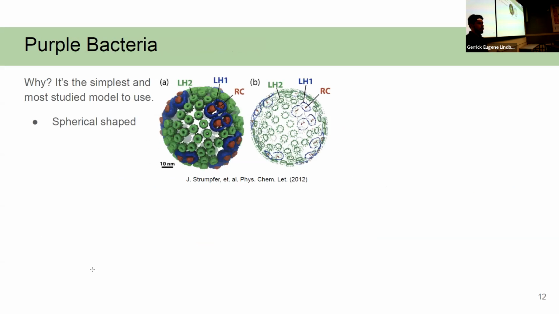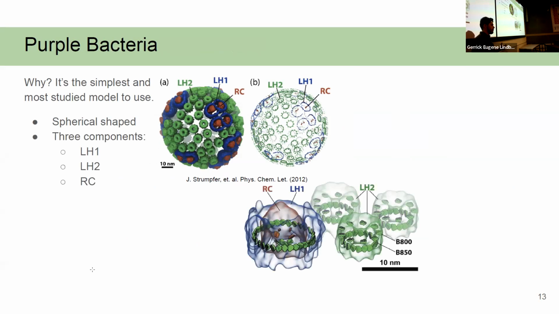To do so, what most people do is start off with the simplest case. One of the simplest cases is purple bacteria, for three reasons. The first is that the entire system has a spherical shape to it. Secondly, it's only made up of three major components: two light harvesting complexes and a reaction center.